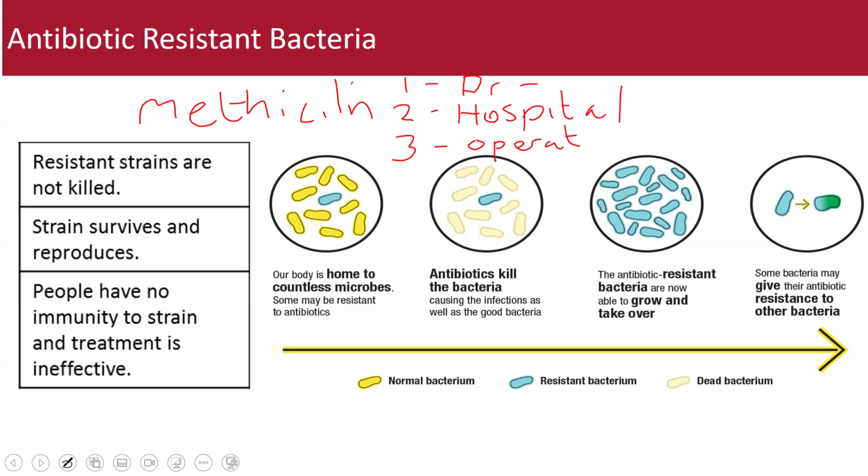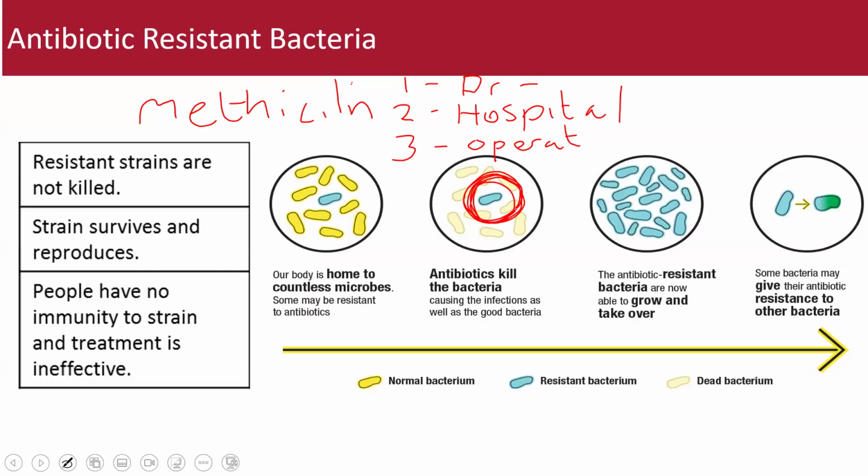Now, antibiotic resistant bacteria. What you've got to do now is think about the process that happens. All over you, you've got bacteria. You take a course of antibiotics, and those antibiotics will pretty much most of the time kill all the bacteria. If they don't, and I'm looking at my second circle here, if they don't kill all of those bacteria, that little blue one in the middle there is then immune to it.